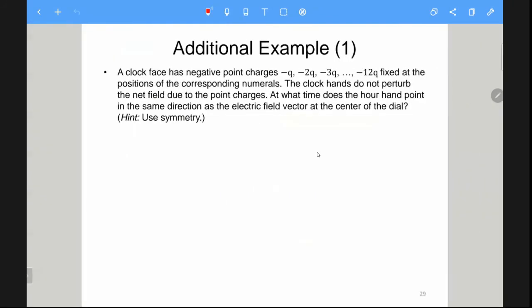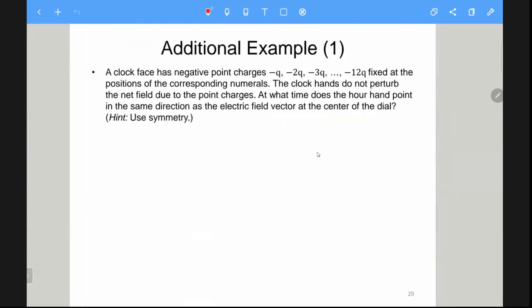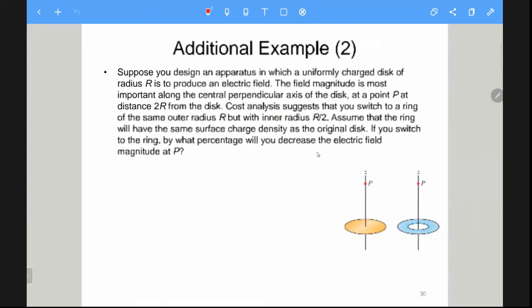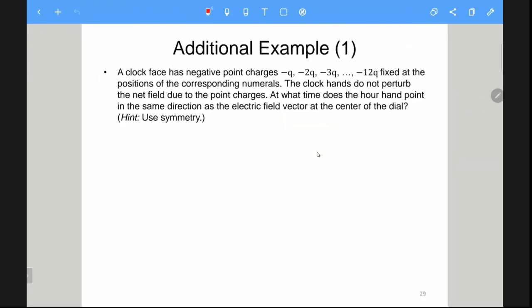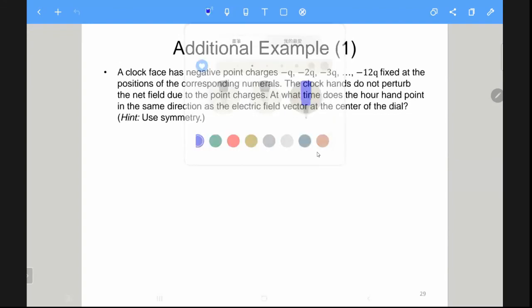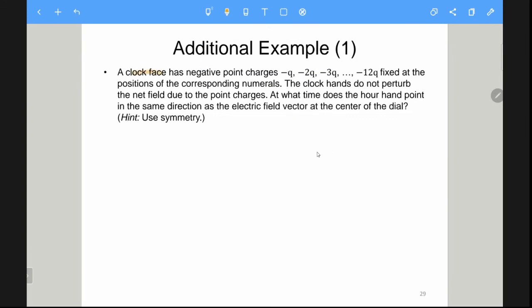So here we have a simple sample problem, actually two. So let me finish this off before we have a 10 minutes break. Okay, it tells you that we have a clock face has negative point charge, negative Q, negative 2Q, so on and so forth up to negative 12Q, fixed at the position at the corresponding numeral.